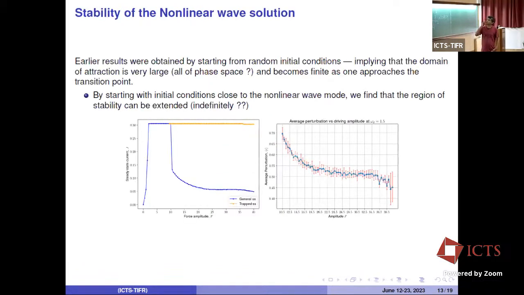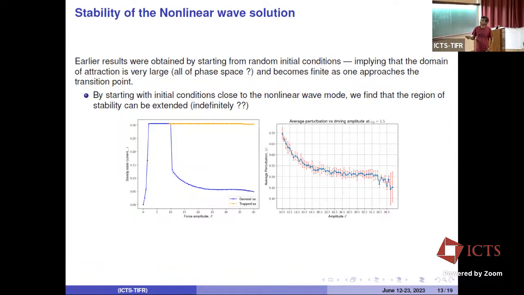Okay, so now this is, I would say, the most interesting new result. This was the earlier observation, that you get a transition at this point. Now, when do you see this curve? If you start from random initial conditions and then just run the dynamics for a long time, this is what you would observe.